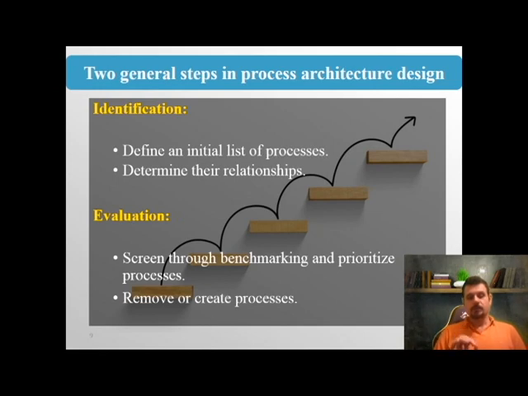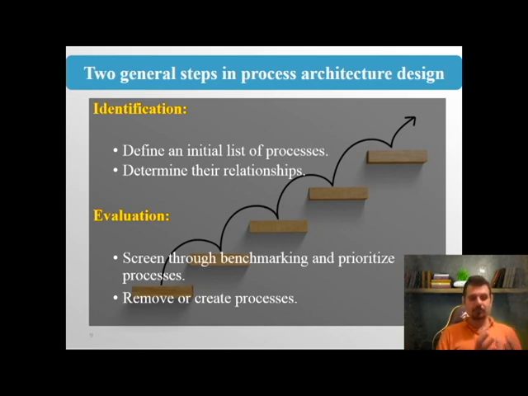Evaluation can also help you remove or create processes. When you evaluate the processes, you compare your process list and your process hierarchy with a benchmark. You find some processes in your benchmark that you didn't create yet.